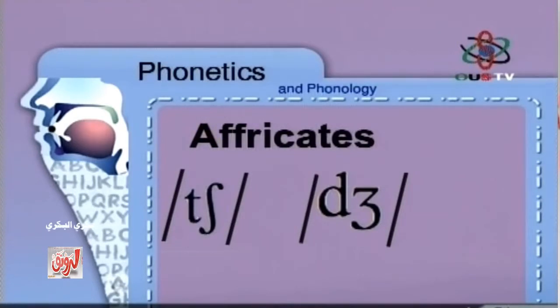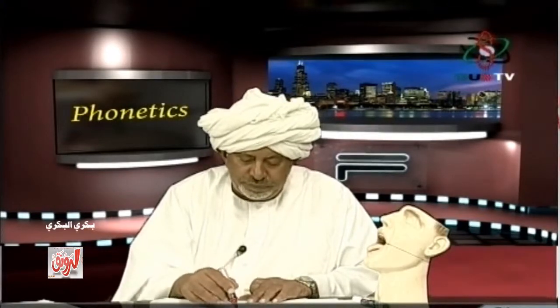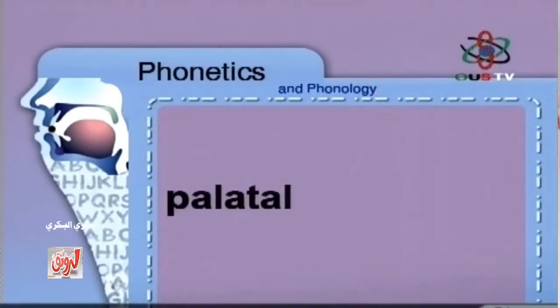And they are made where we call them palato-alveolar, or alveopalatal, like Afro-Asian. In the palate and the alveolar. The ta is made in the alveolar. The da is made in the alveolar. The sha in the palate, the ja in the palate. So the sound is called palato-alveolar or alveopalatal.